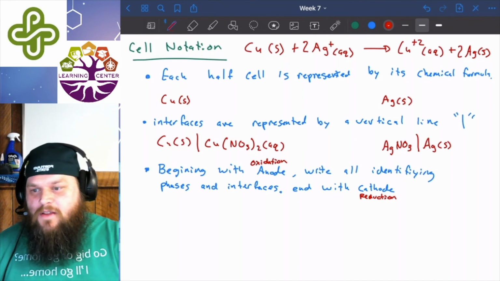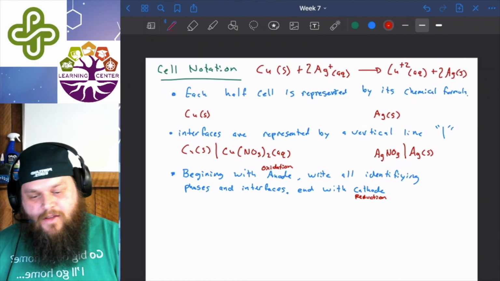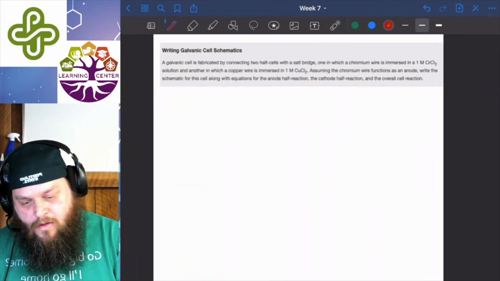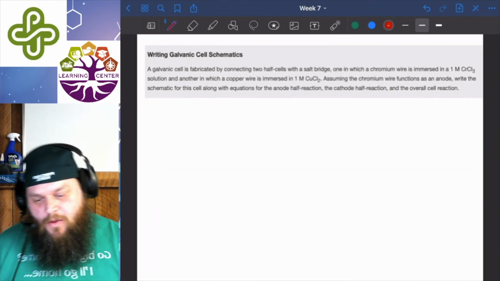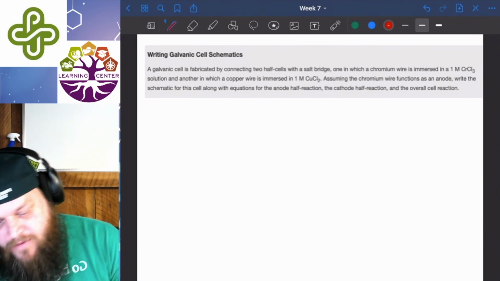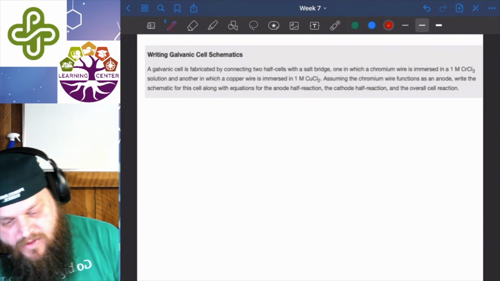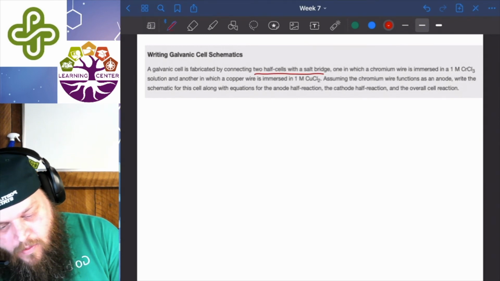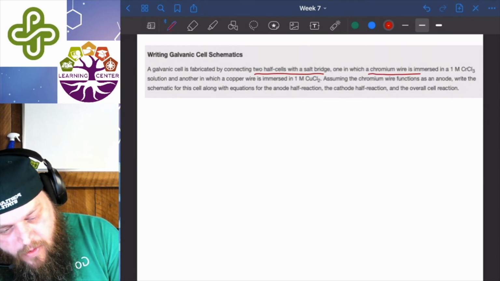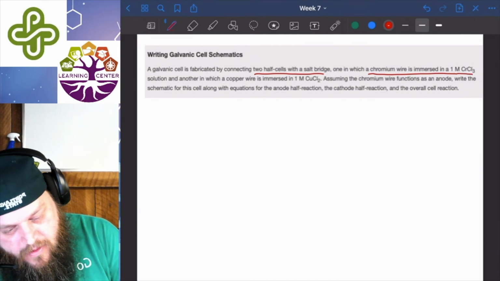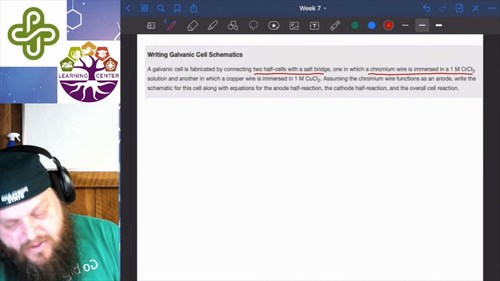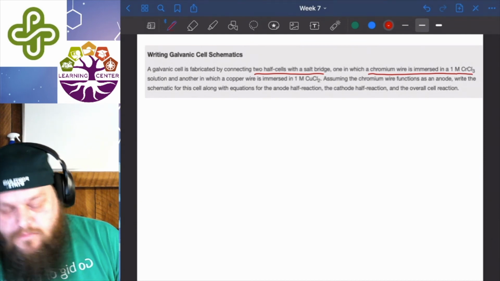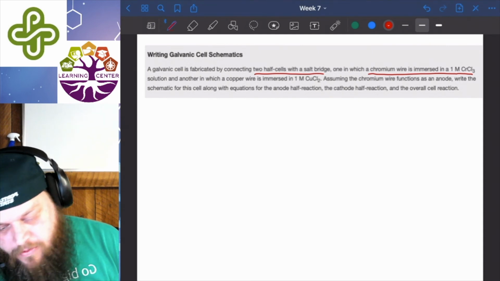So let's try this out in an example. We got two examples we can run through. So here we have a galvanic cell, which is fabricated by connecting two half cells with a salt bridge, just like our normal diagram said. One of which is a chromium wire immersed in 1 molar CrCl3 solution.